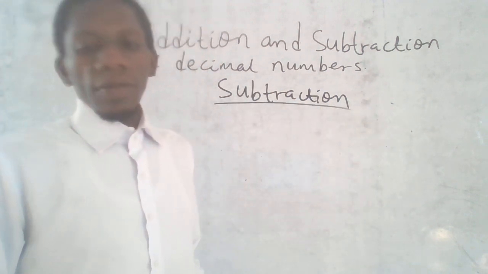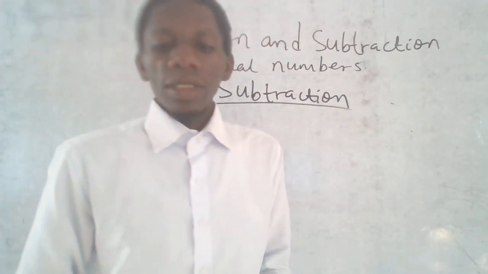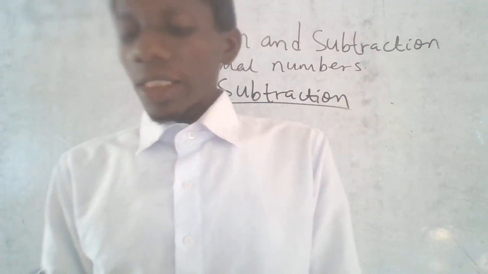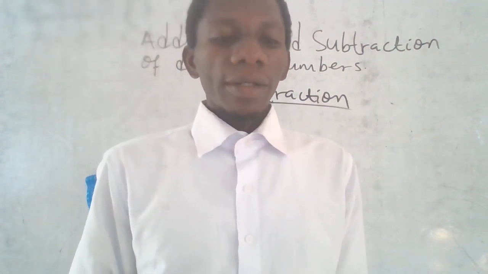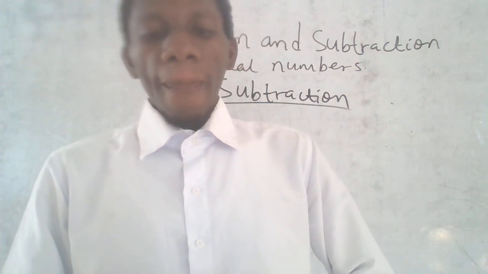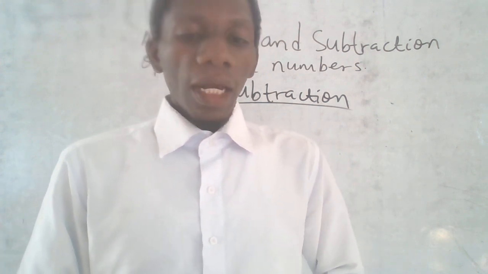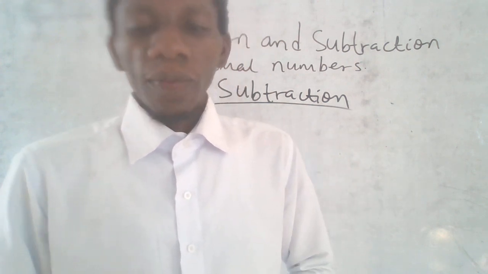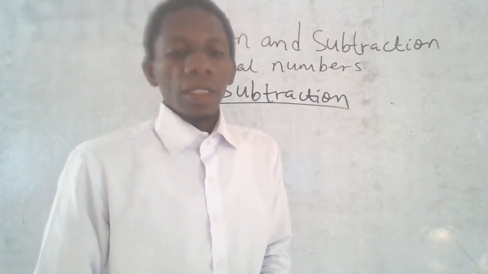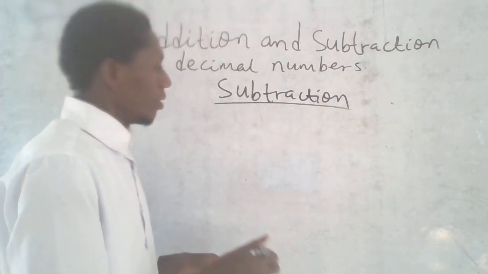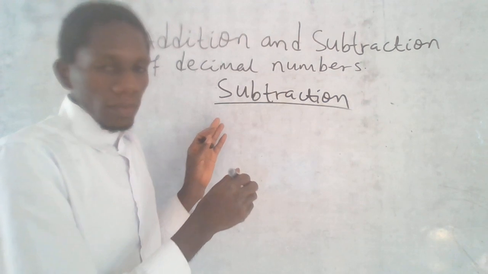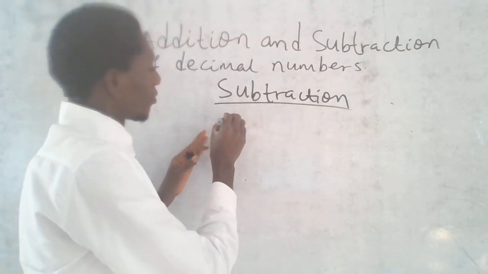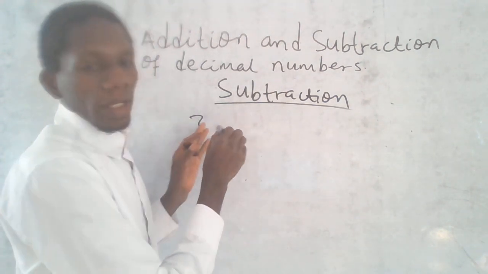So even in the subtraction, it is still a normal problem, the same as we did in the addition. Supposing you have 3,245.6156 minus 638.245.